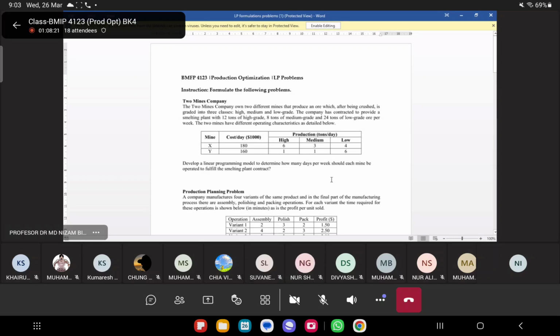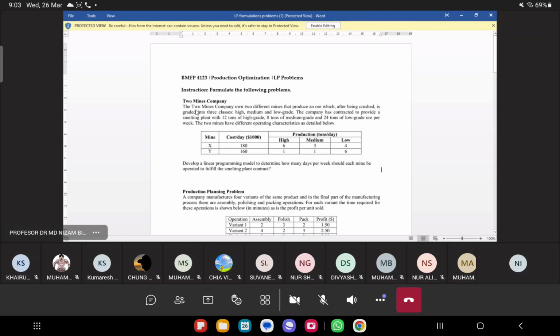So let's look at the first problem, the two mines company problem. Read it.